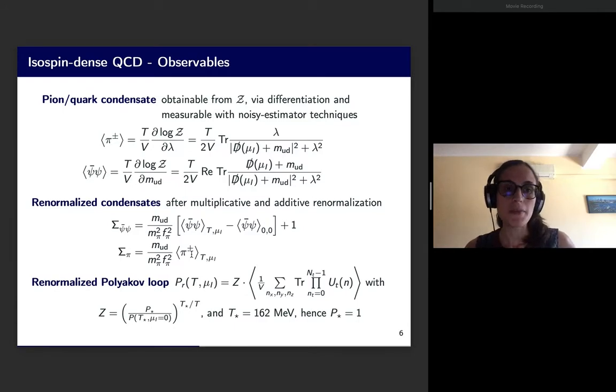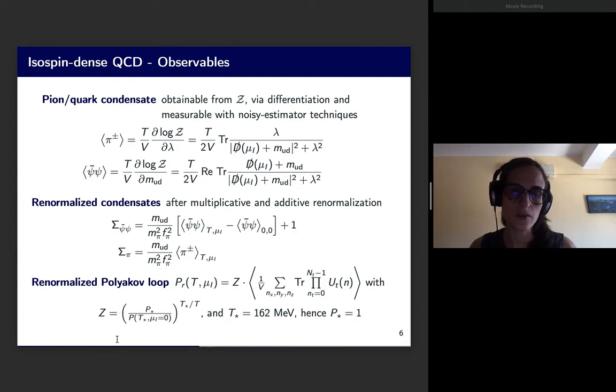Okay, it makes sense to also look at the Polyakov loop, even though we know that, strictly speaking, this is a good order parameter only in the limit of infinitely heavy quarks. Here we will be looking at results that come from a simulation where the quarks have their own physical masses. But nevertheless, it can be interesting for reasons that I'm going to explain in a moment. Here I have on the slides also the formula for the renormalized Polyakov loop.